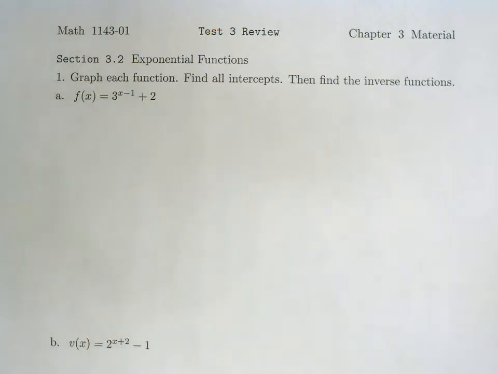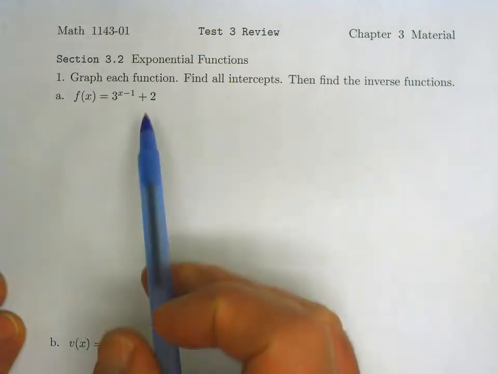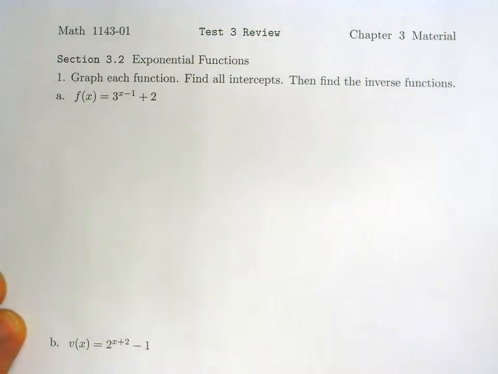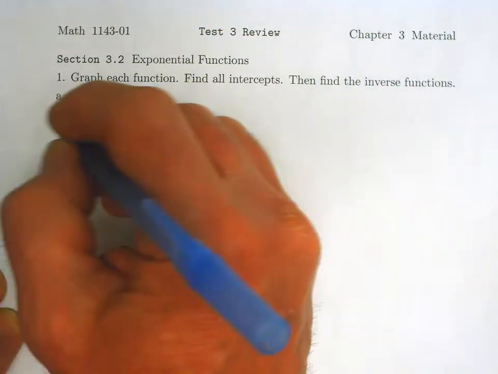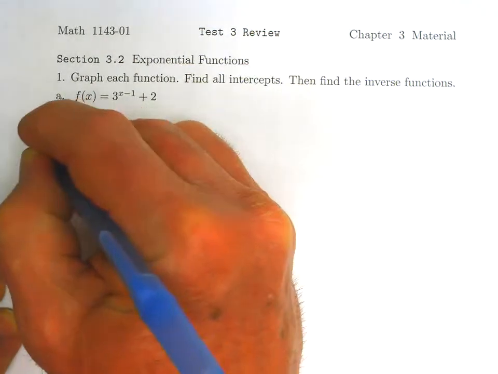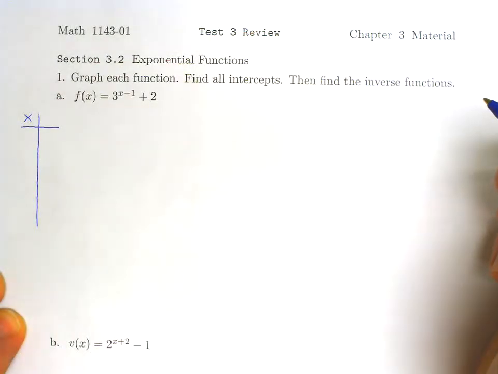So we'll keep that in mind when we're graphing. And since the exponential term is base 3, we'll pick our x values that will help us out with finding the corresponding y values.